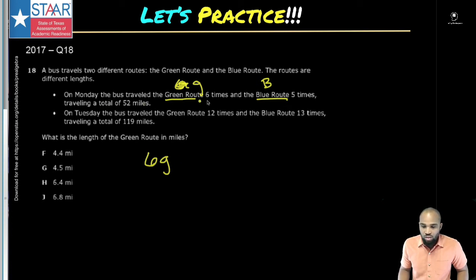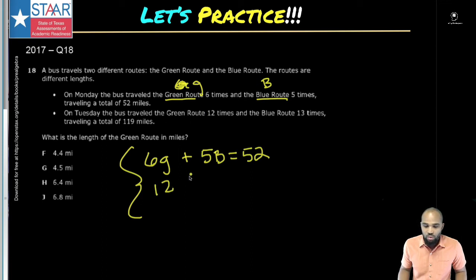All right, so 6 times for the green plus the blue route 5 times, so that's going to be 5 times B, is equal to 52 miles. And for my second equation, it's 12 times the green plus 13 times my B. That's 119.